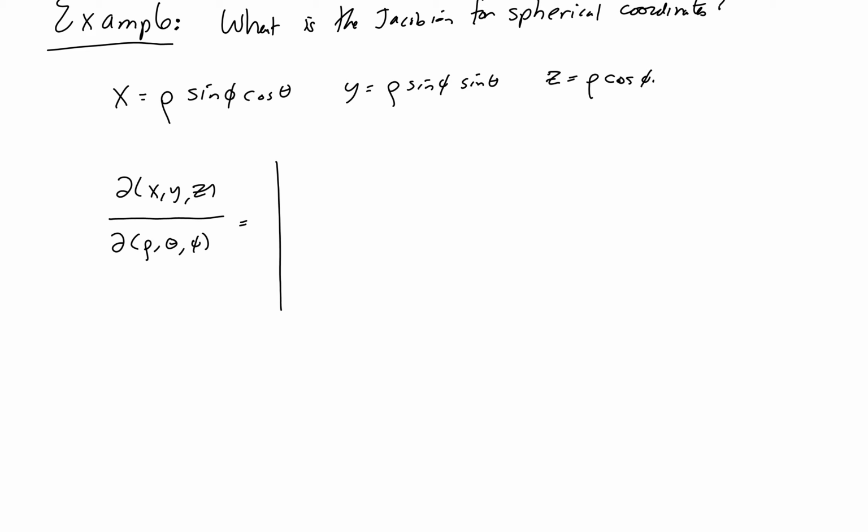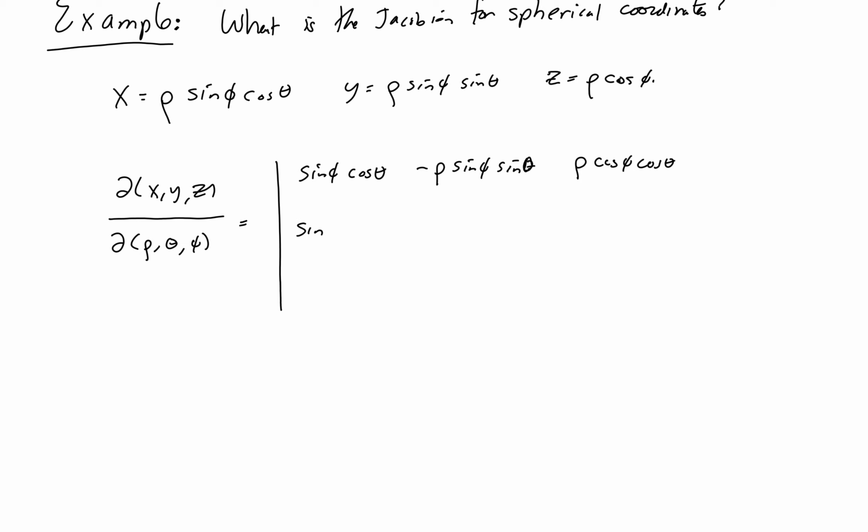So if I take the derivative of x with respect to rho, I get sine phi cosine theta. Then if I take it with respect to theta, I'm going to get minus rho sine phi sine theta. And if I take it with respect to phi, I get rho cosine phi cosine theta.